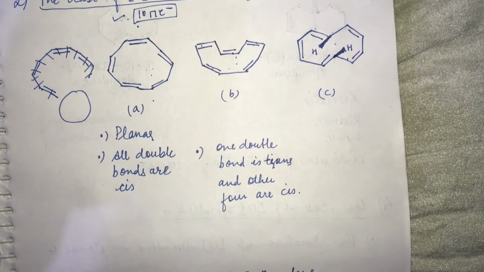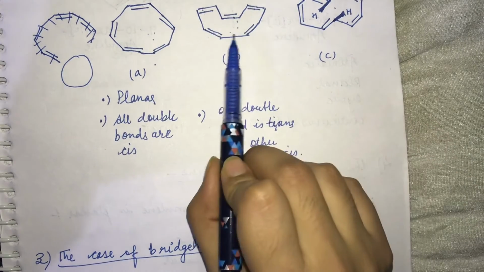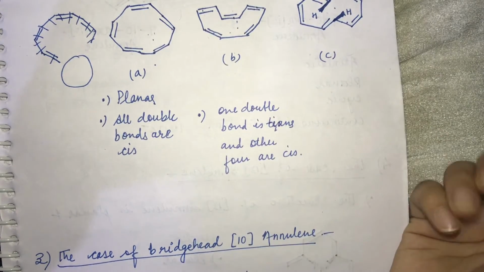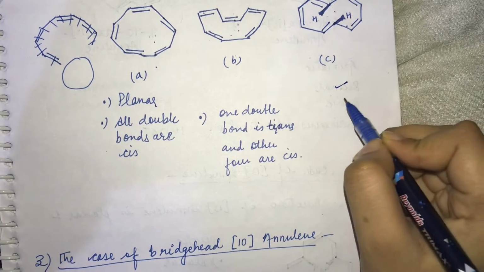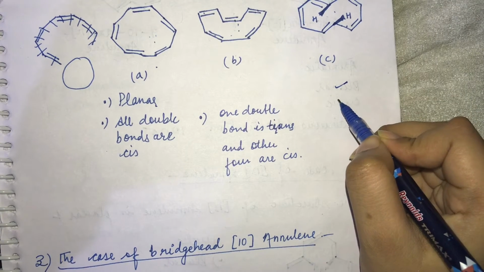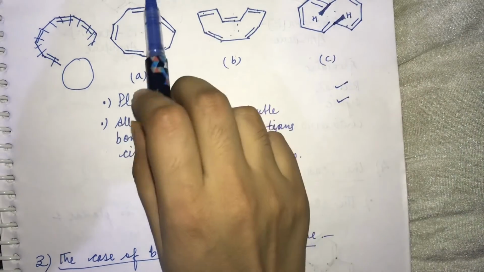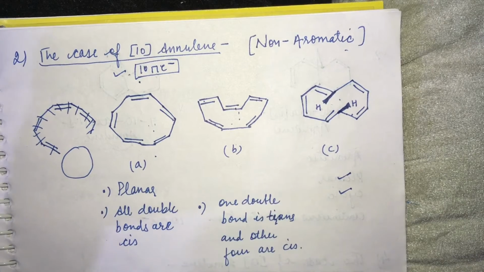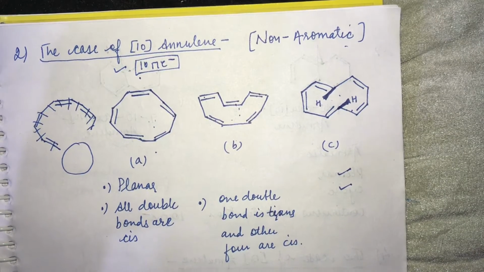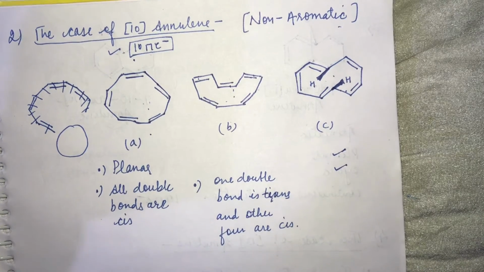Hence, due to non-bonded interactions between the internal portion, the molecule acquires a non-planar geometry, which in turn prevents the delocalization of pi electrons. Therefore, this 10-annulene is non-aromatic though it has 10 electrons available for delocalization.